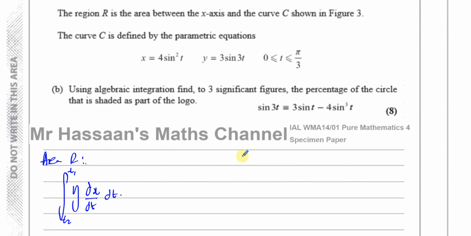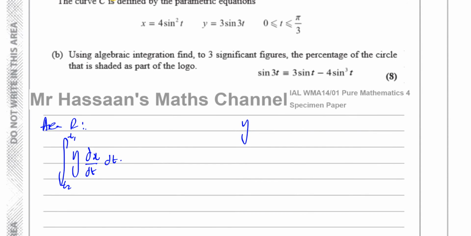So I know that y is 3 sine t. Let's just replace everything with what we have. So I need to find dx/dt. Let's find dx/dt first. We know that x is equal to 4 sine squared t. So dx/dt is equal to, now remember, this is the same as saying 4 times (sine t) all squared. That's what it means.